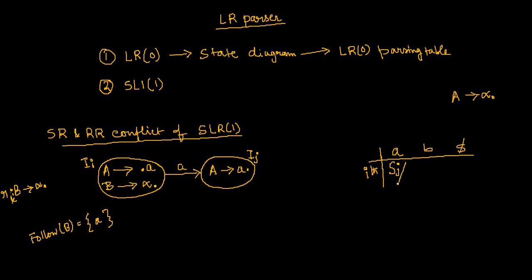Then according to the rule, this rk production should be placed in the ith row and under the a column, because the follow of B is basically a. So that means I will put it in the a column. Is that clear?